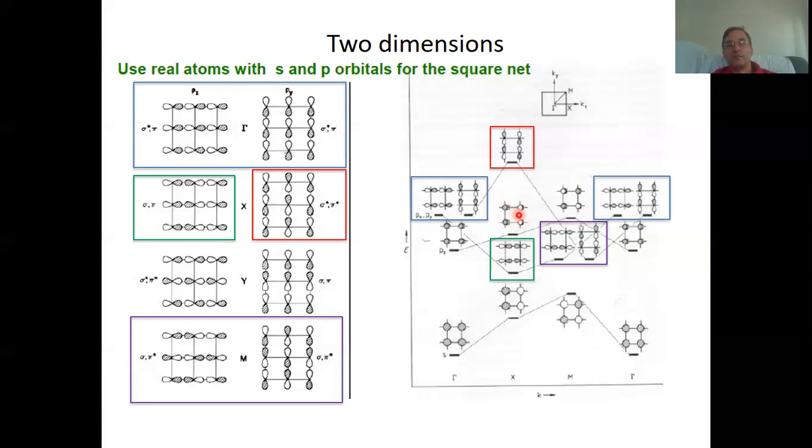And as we go from lambda to m, we have, well, the most interbonding situation. And as we go from m back to lambda, we again go back to the most bonding situation.